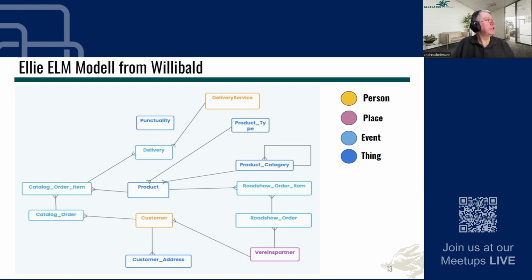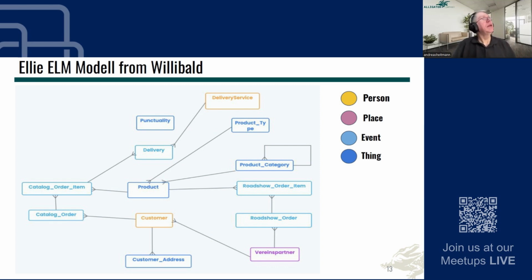You have here a catalog order, you have the roadshow order, you have the delivery as the events, and then you have the product and the types and category of the products. You have the customer, Vereinspartner, and his address. That's the first focus and the major focus that you have. And these are the basic and the foundation then for the later automation.